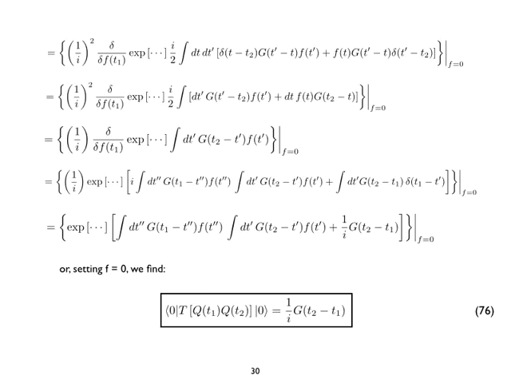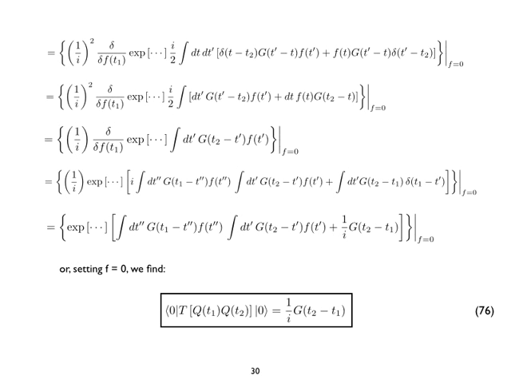I get the exponential back out, and then I need to take the functional derivative of the stuff inside the exponential. So it hits the first term, it gives me a delta function, and then I get G times f of t prime, and then I use the multiplication rule, and so I would have f, G, and then a delta function in t prime.